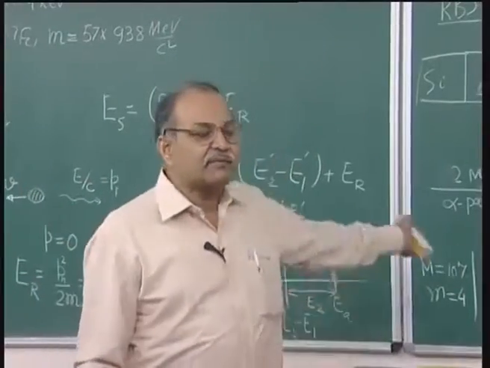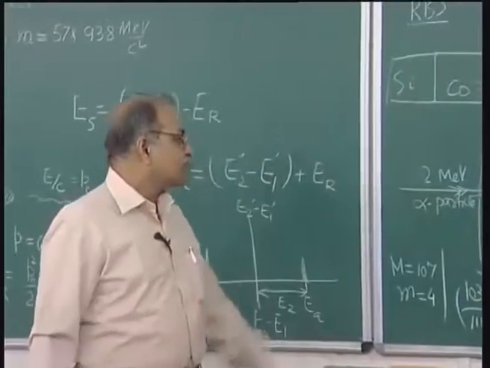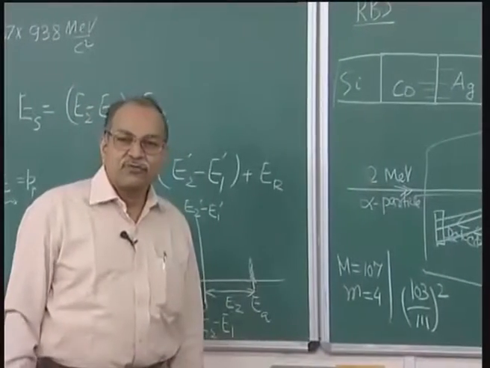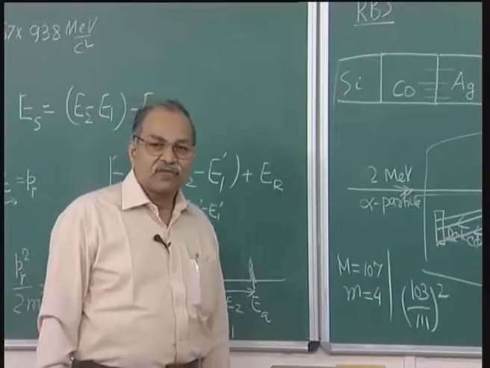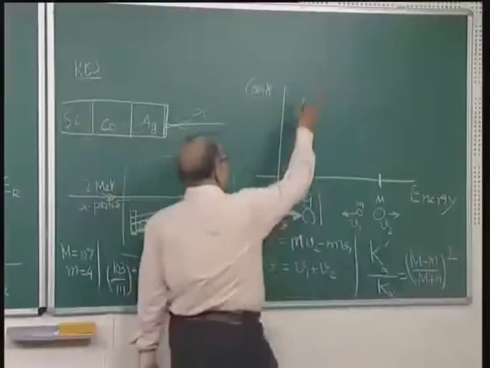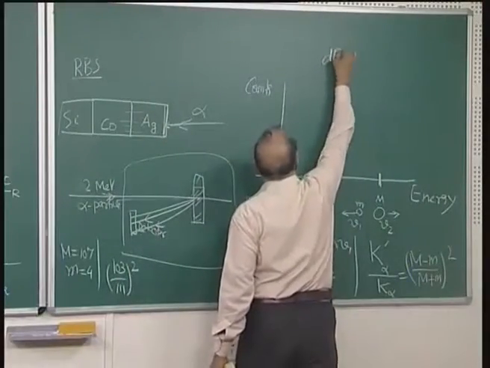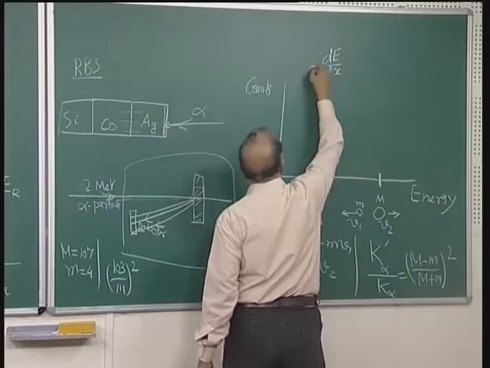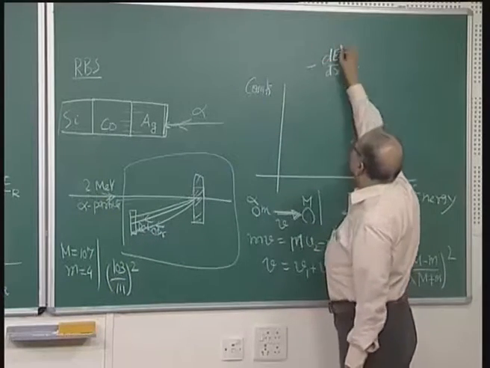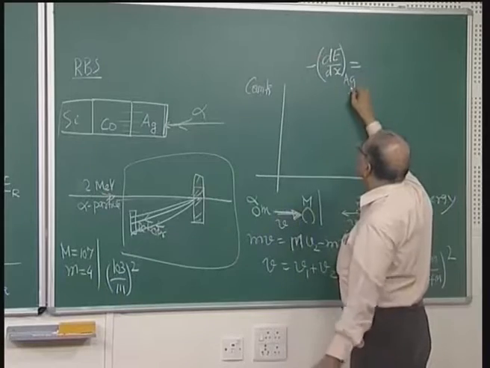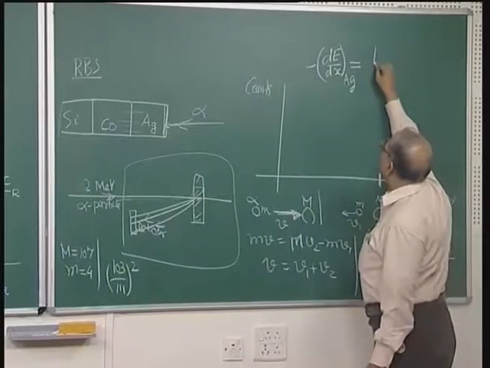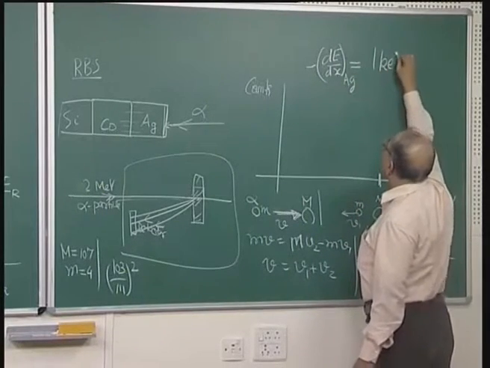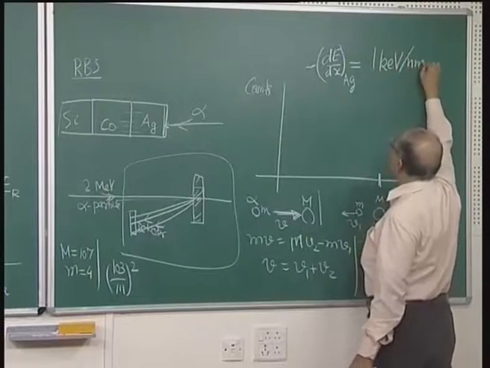So if the initial beam energy is say 2 mega electron volt, 2000 keV, and suppose minus dE/dx for silver, all these things are standard tabulated, suppose it is 101 keV per nanometer.